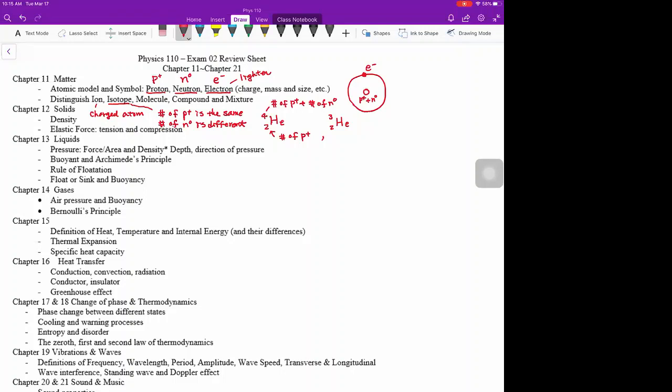So that's the definition of an isotope. Molecules, compounds and mixtures are all composed of several different elements. The most important thing is that you have to distinguish between a molecule and a mixture. The molecule has a chemical bond. The mixture doesn't have a chemical bond. That's the main difference of these two.